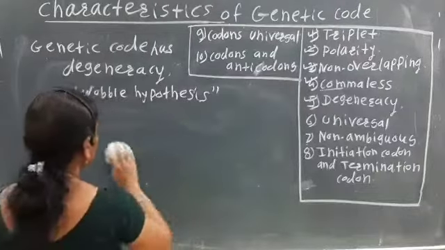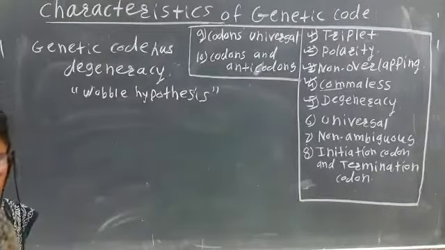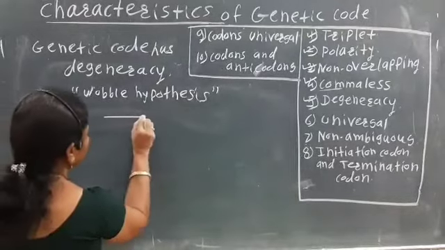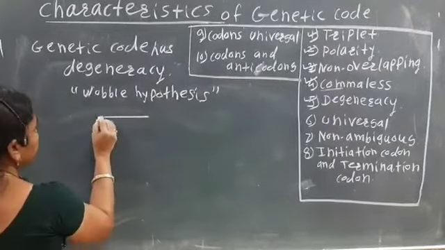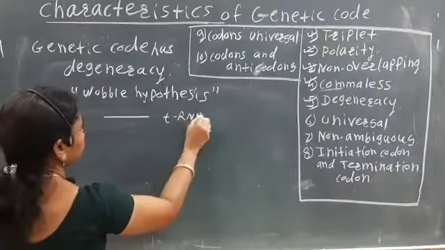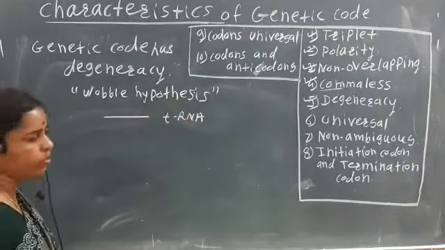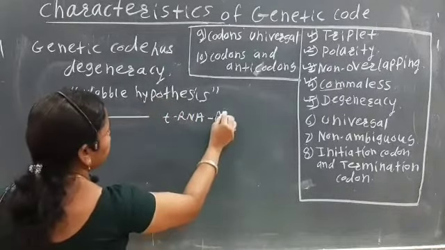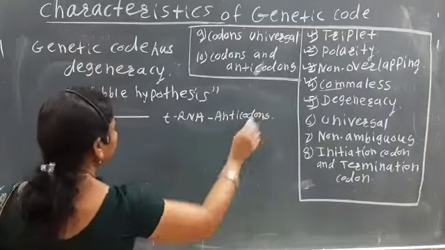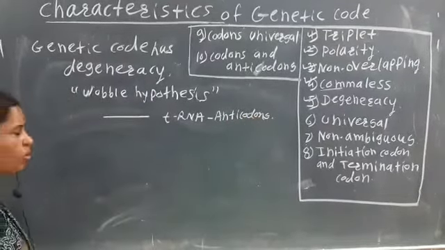So what is the Wobble pairing or the Wobble hypothesis? See, here it is the tRNA. On the tRNA there are the anticodons. tRNA वरती काय असतात anticodons. आणि mRNA वरती काय असतात codons.